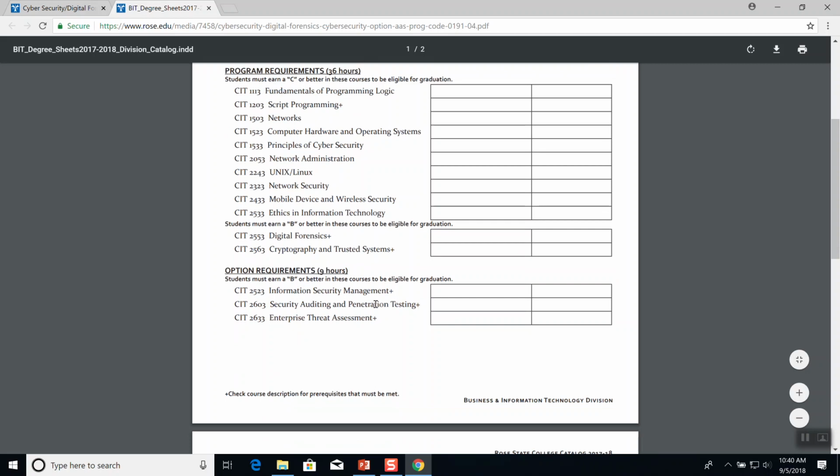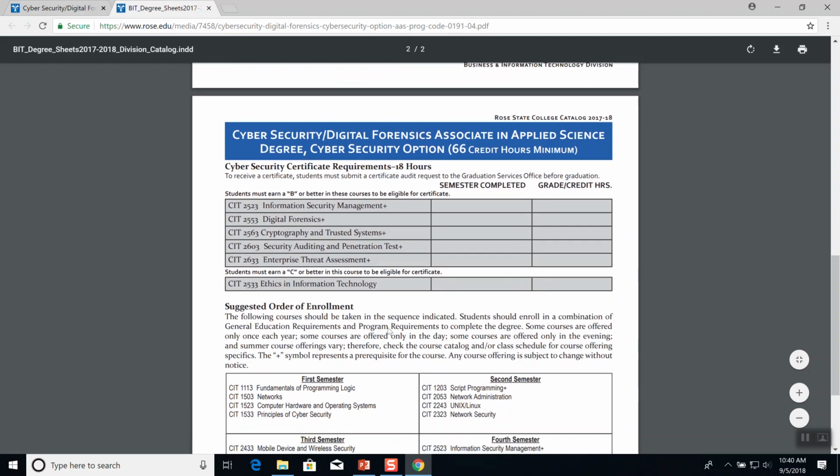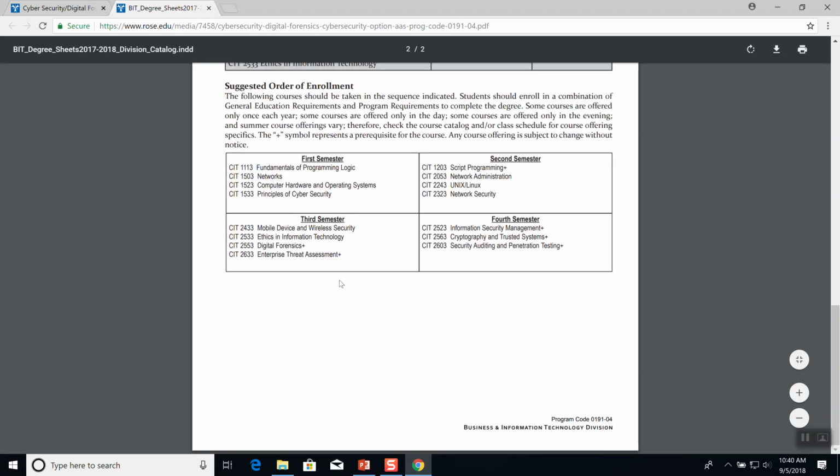Security auditing, penetration testing, information security management, enterprise threat assessment. Cryptography. They got an entire class on cryptography. Remember the encryption we talked about earlier? That's an entire class on that. Security auditing. Yeah. They're the big one in the two states, Oklahoma and Kansas.